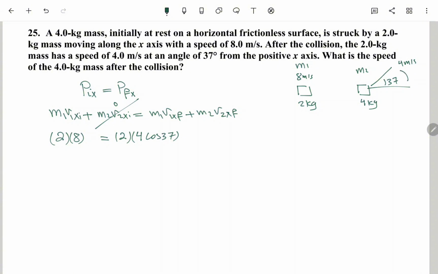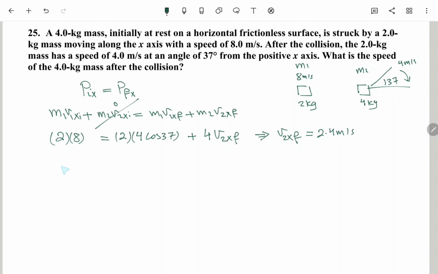This one here, the x component, plus 4 v2x final, and from this one here v2x final equal to 2.4 meters per second.